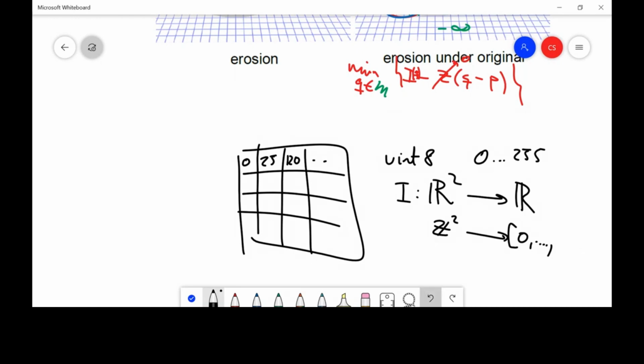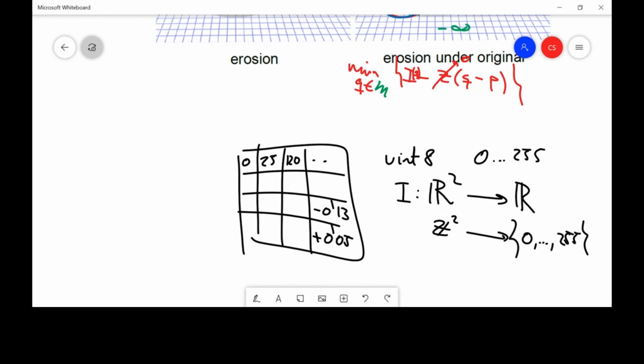Actually, a better notation is this one, when you have finite sets, with curly brackets. So we have focused on this kind of integer valued images, but it could have any value here. So you could have a value minus 0.13, plus 0.05, whatever. As long as you have a matrix with numbers, that's an image. Okay, but that is the content.